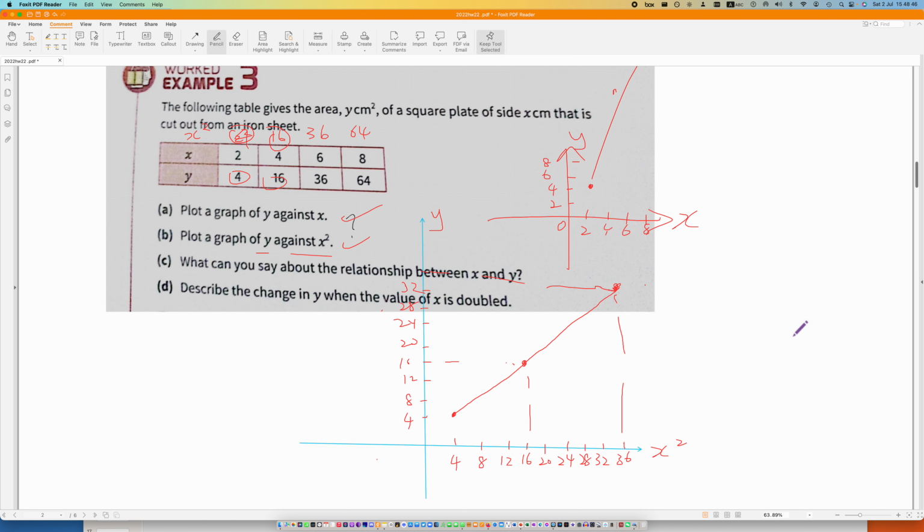Is this relationship direct or indirect? What's the rule for direct relationship? You eat more, you gain weight more.